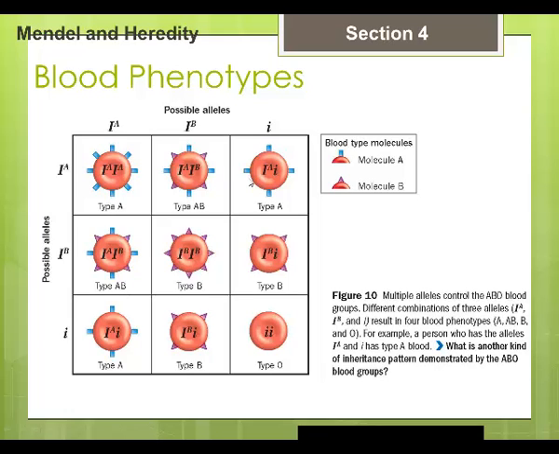So if mom gave you an O and dad gave you an A, you'd be type A. If mom gave you an O and dad gave you a type B, you'd be type B. And finally, if you get the type O blood type, you would have to have gotten alleles that code for type O from mom and from dad.